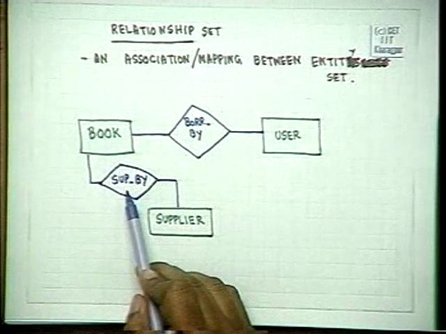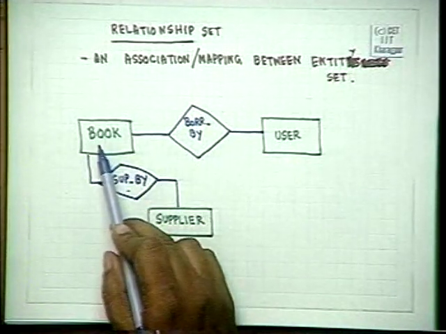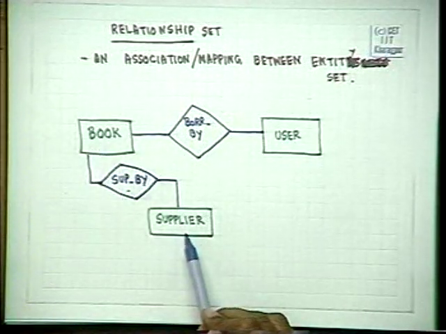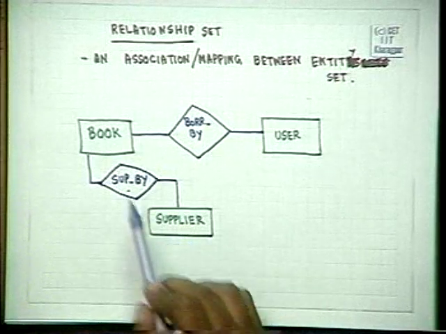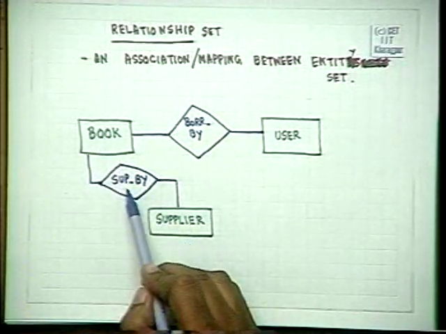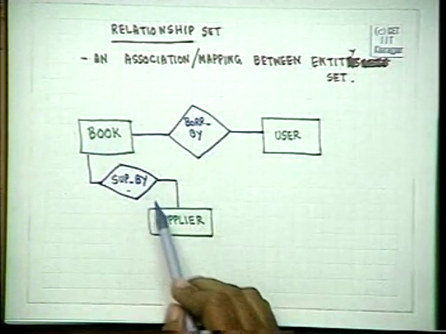This relationship set supplied by relates the book, each individual book has been supplied by some supplier. So if this book has been supplied by this particular supplier, then this relationship or mapping exists from this book to this supplier.